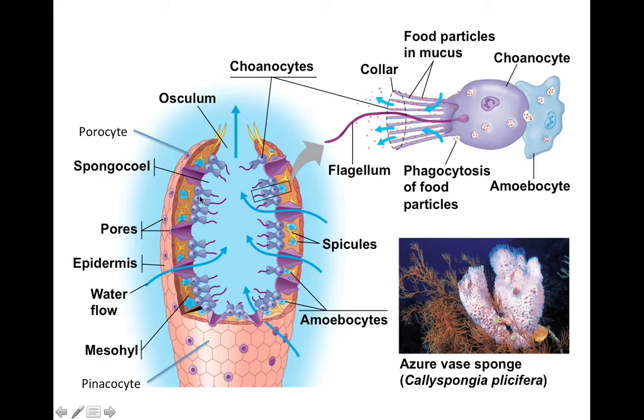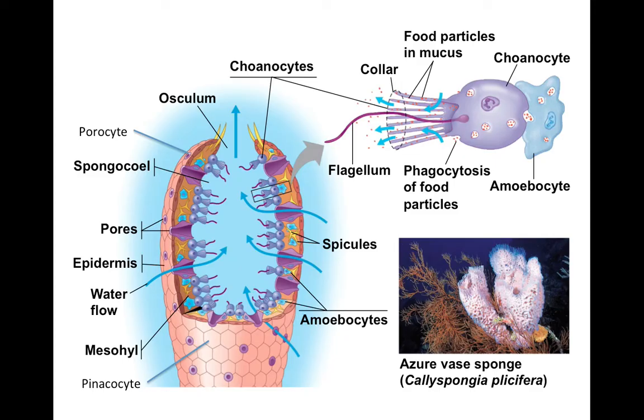How does the food get to these choanocytes, and how do they use those flagella to pull water through? They have pores. Porifera means bearing pores. They're full of holes. And the pores in an asconoid sponge are made up of special pore-producing cells called porocytes, shown here in this kind of lavender color.